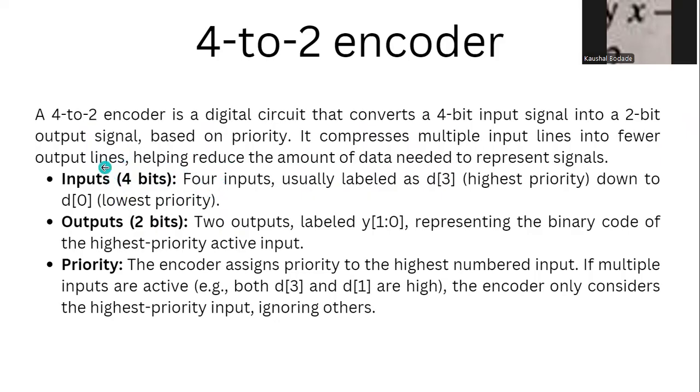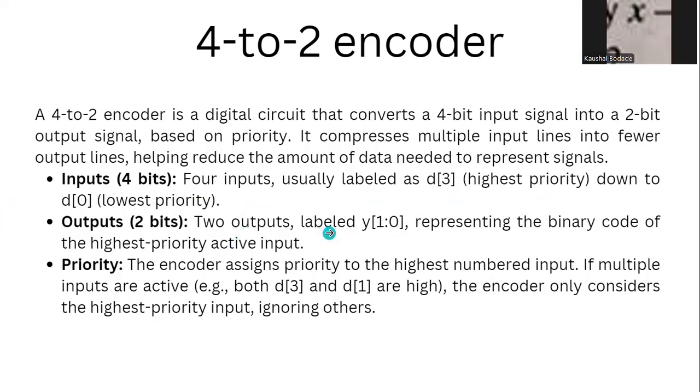Here there are four bits, meaning four inputs, usually labeled D3, the highest priority, down to D0, the lowest priority. I will explain what highest and lowest priority mean. In Verilog, we will use vector form to write these signals.